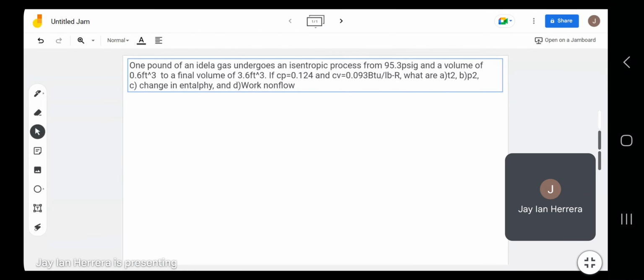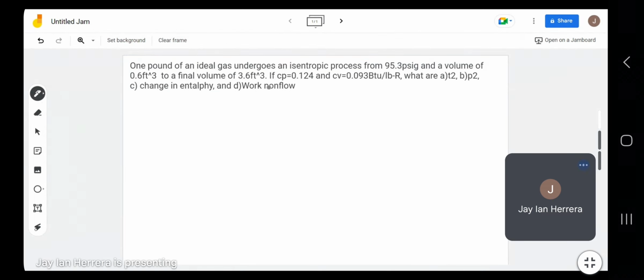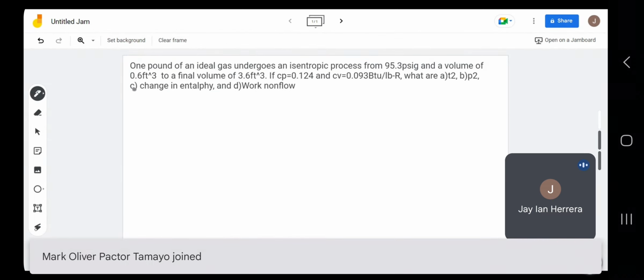I see. So here's the example for an isentropic process. One pound of an ideal gas undergoes an isentropic process from 95.3 psig and a volume of 0.6 cubic feet to a final volume of 3.6 cubic feet.